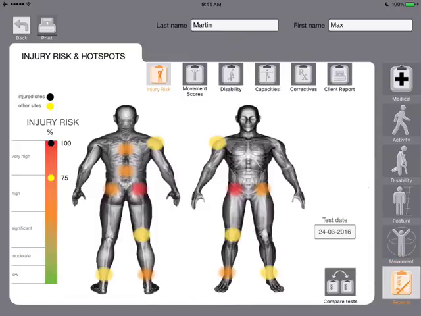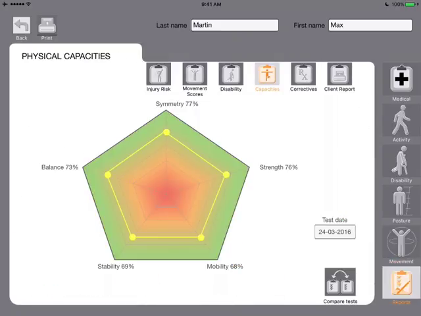So once we have a look at our capacities here, those scores are reflected here. One thing you will note is that typically stability and mobility score quite similarly to each other. This is something we found once we were testing the algorithms and the logic behind it, which worked very well: if someone's relatively unstable, they will tend to tighten up. It's a natural response of the body to tighten up around that unstable joint to protect it.